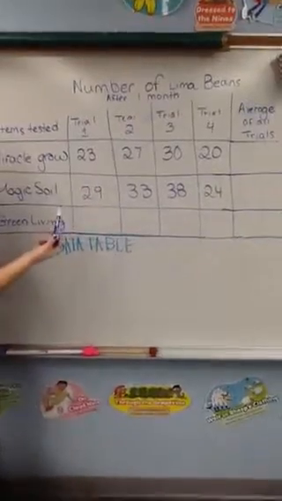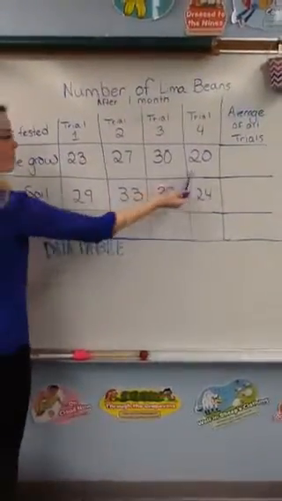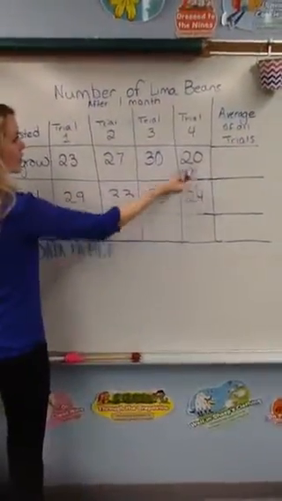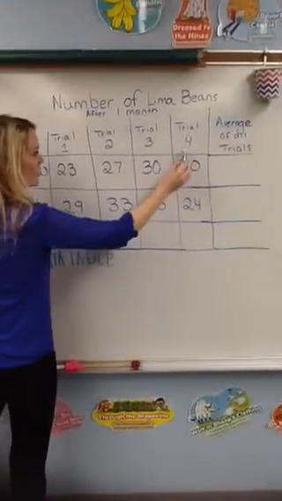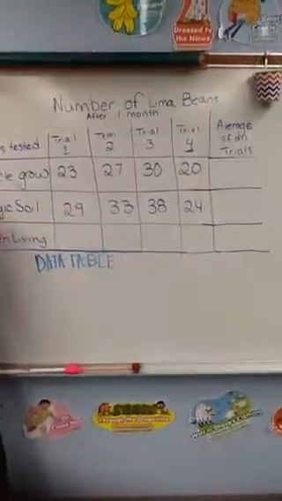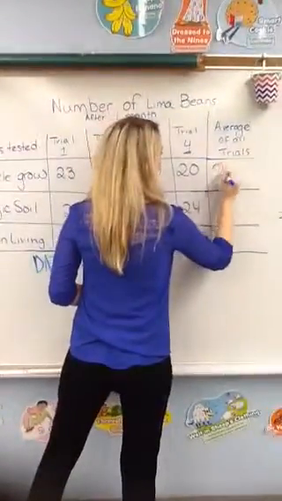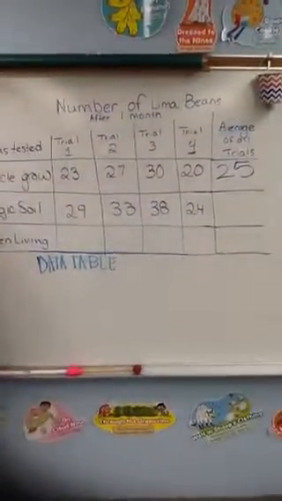So when I average, in previous years, it was called finding the mean. So what you have to do is add all 4 trial numbers together and divide by 4, which is the number of total trials that was completed. So when we average Miracle Grow, we're going to get an average of 25.